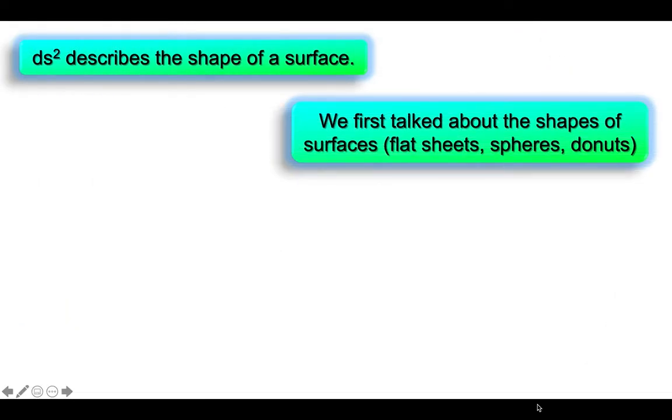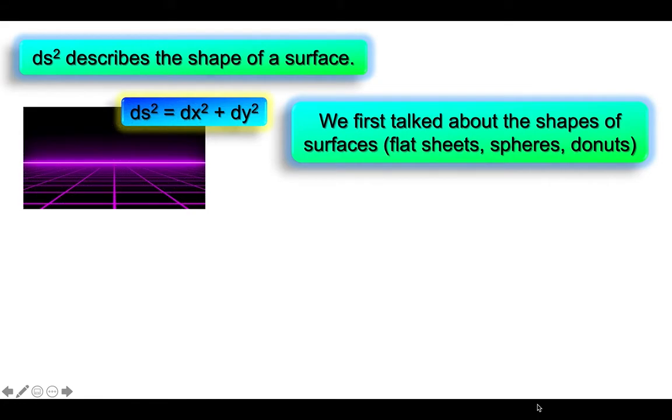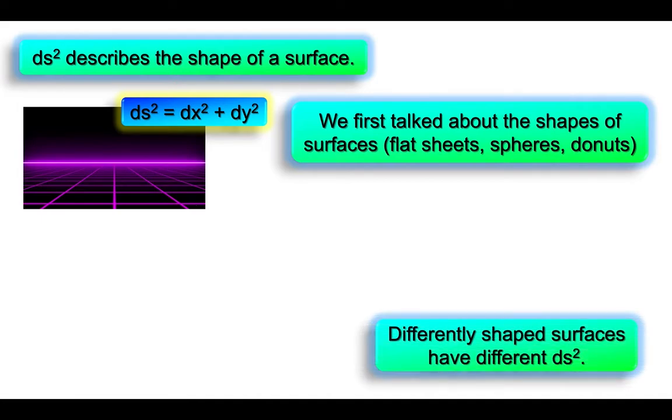So when we introduced the notion of the shapes of surfaces, we started with something that was just a flat sheet. So if I am constrained to only live and move around on a flat sheet, the shape of my flat sheet could be described like this. Now, what if I don't live on an infinitely large flat sheet? What if I live on a sphere?